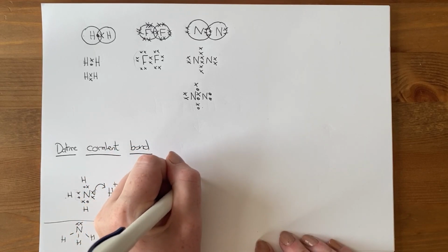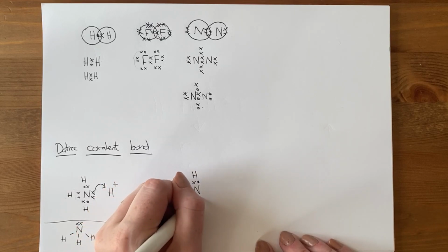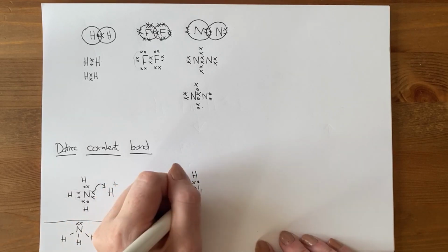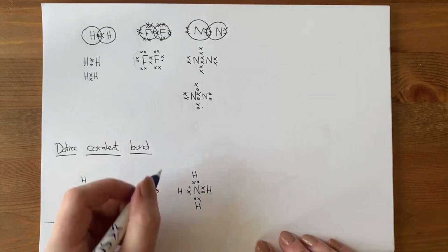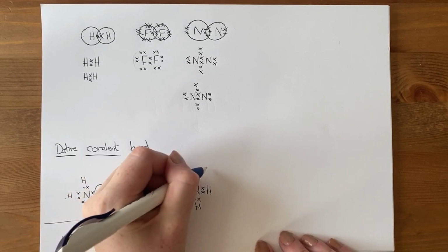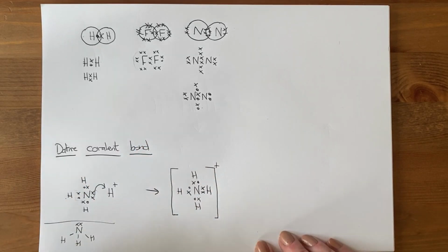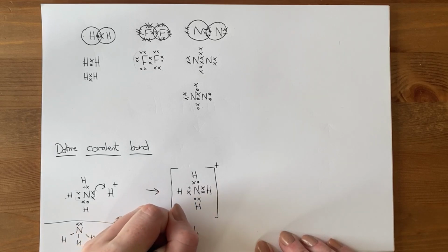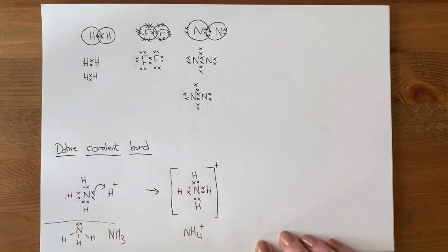I've done my dots and crosses the wrong way around this time, but that does not matter. As long as I remember that these 2 are from nitrogen, I then have another hydrogen in here, and this whole thing is positively charged. Okay, so this is NH4+ as opposed to NH3, which is ammonia.